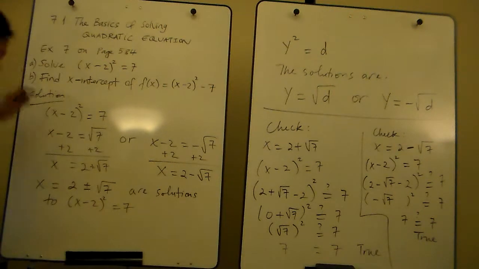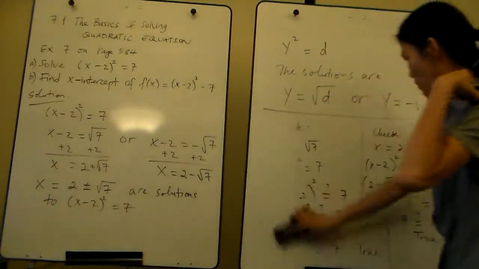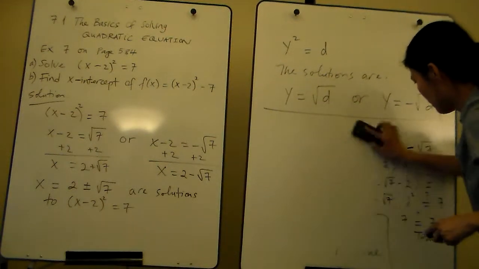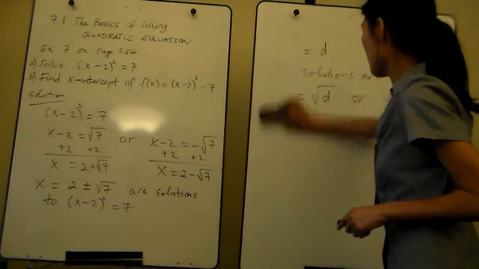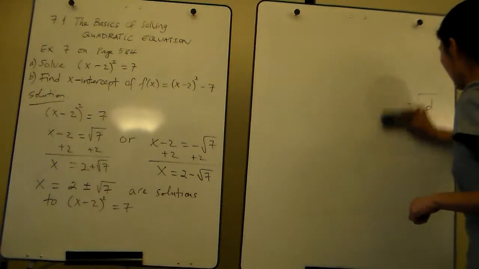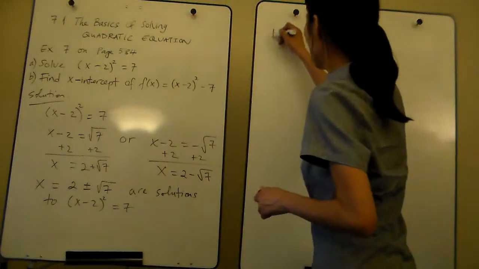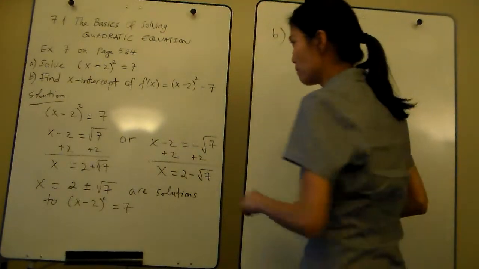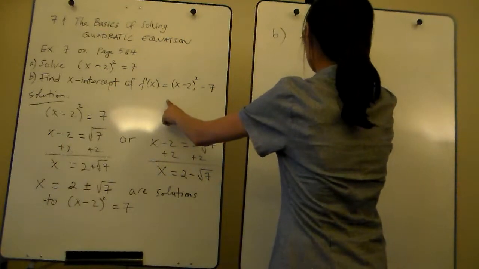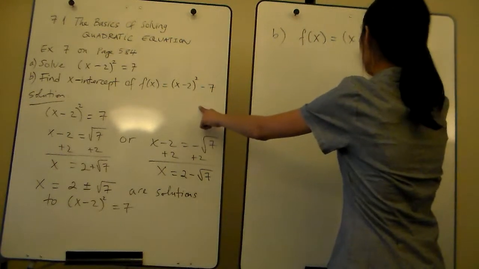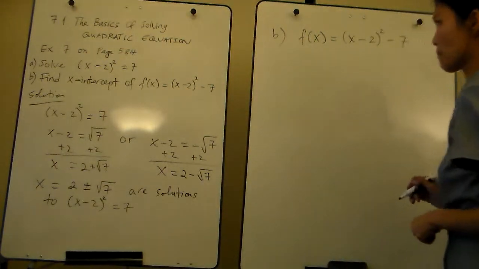So this is part A. Let's try part B. So for part B, we find the x-intercepts of this function f(x) = (x - 2)^2 - 7.